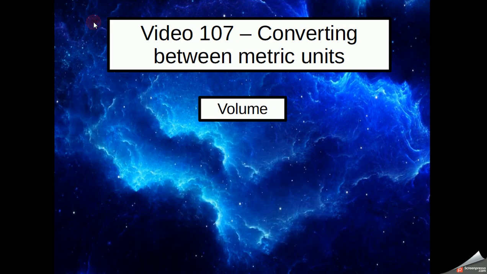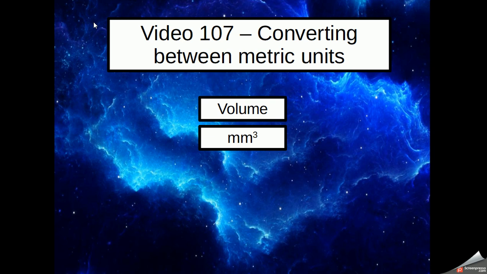This process then gets even bigger when you're talking about volume. Our smallest volume is a millimeter cubed, but we know with the dimensions of a cube, the volume of it is the width times the length times the depth, but as they're all the same, it's going to be the width times the width times the width.